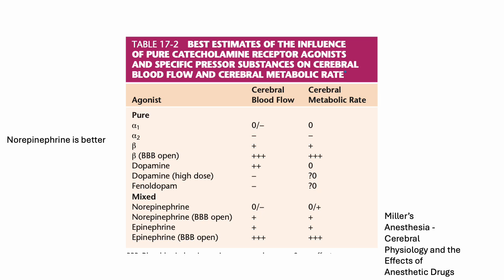To me it's just as important, if not more important, than picking between TIVA or inhalants. If we are not able to mentally process running TIVA, then I'd rather the person running the anesthesia use inhalants, which they're more comfortable and familiar with. All right, thanks.